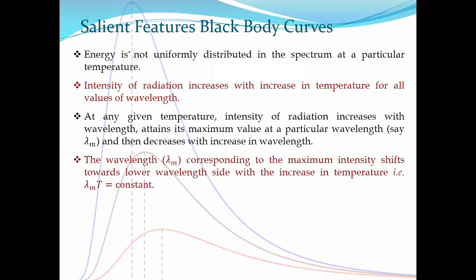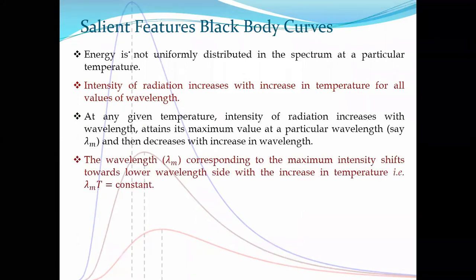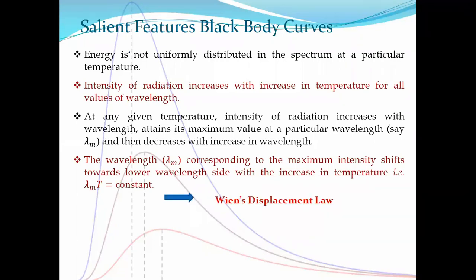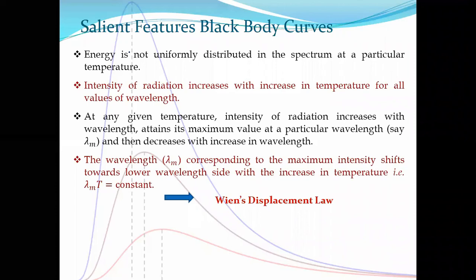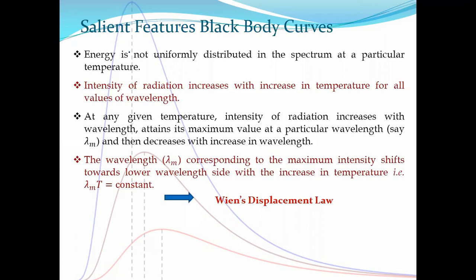Most importantly, the wavelength corresponding to the maximum intensity shifts towards the lower wavelength side when you increase the temperature. That means lambda m into T is constant, what we call Wien's displacement law. If you increase the temperature, the peak is displaced towards the lower wavelength side.